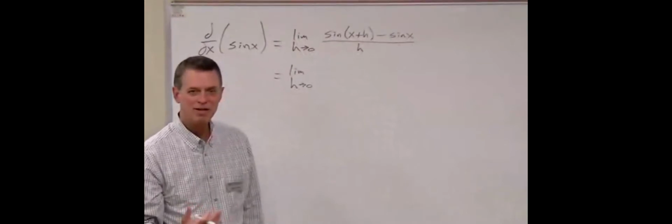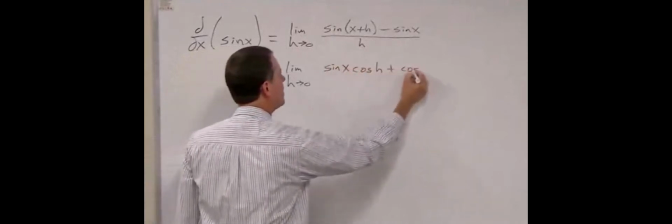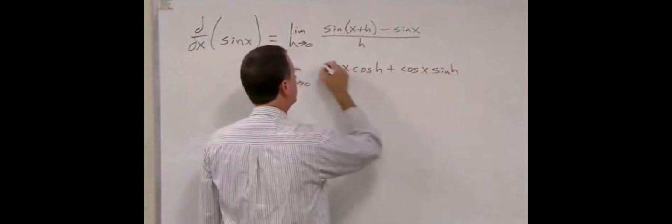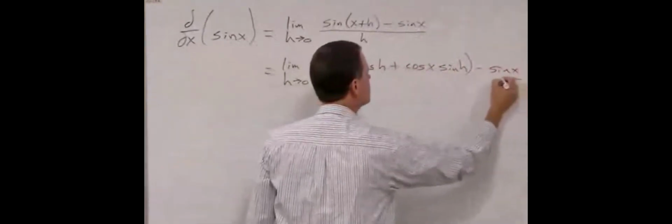Sine of A plus B is sine of A cosine of B plus cosine of A sine of B. So this will be sine of x cosine of h, plus cosine of x sine of h, minus sine of x.